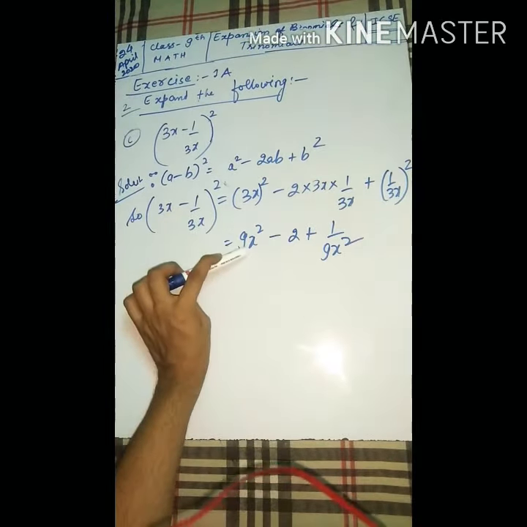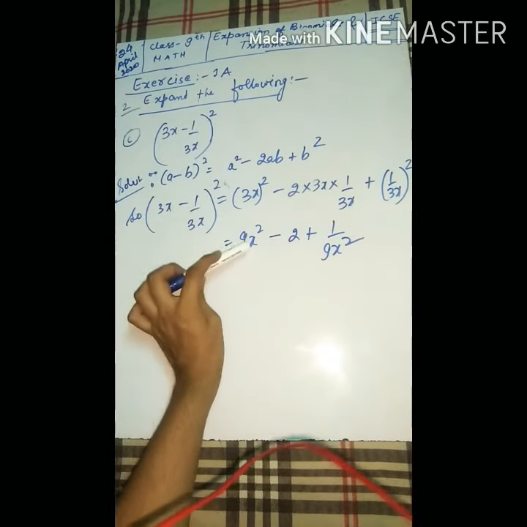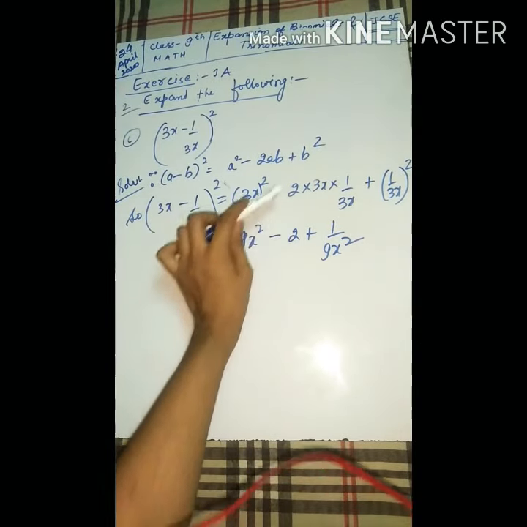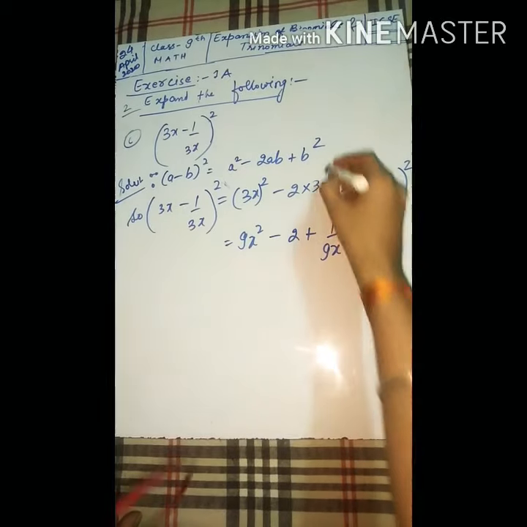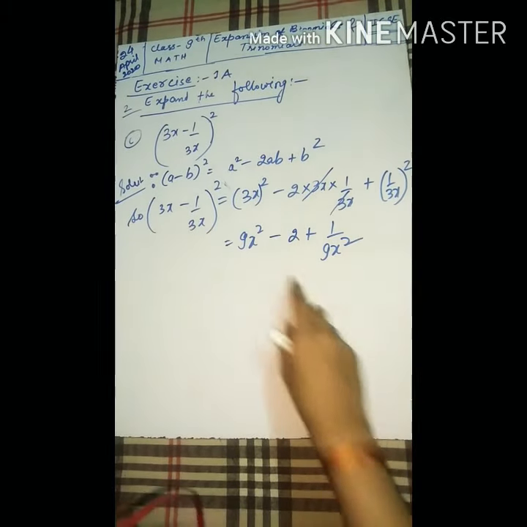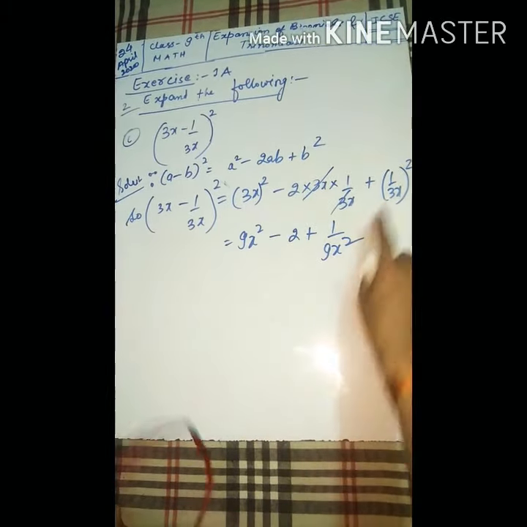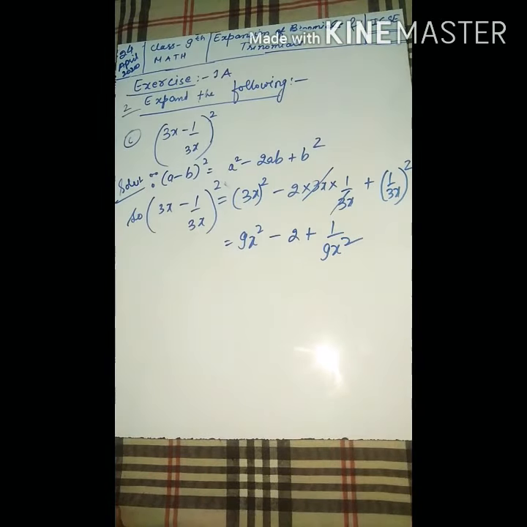Now 3 square is 9, x square is x square, minus, here 3x and 3x we can cancel, which will give 2, plus 1 upon 9x square.